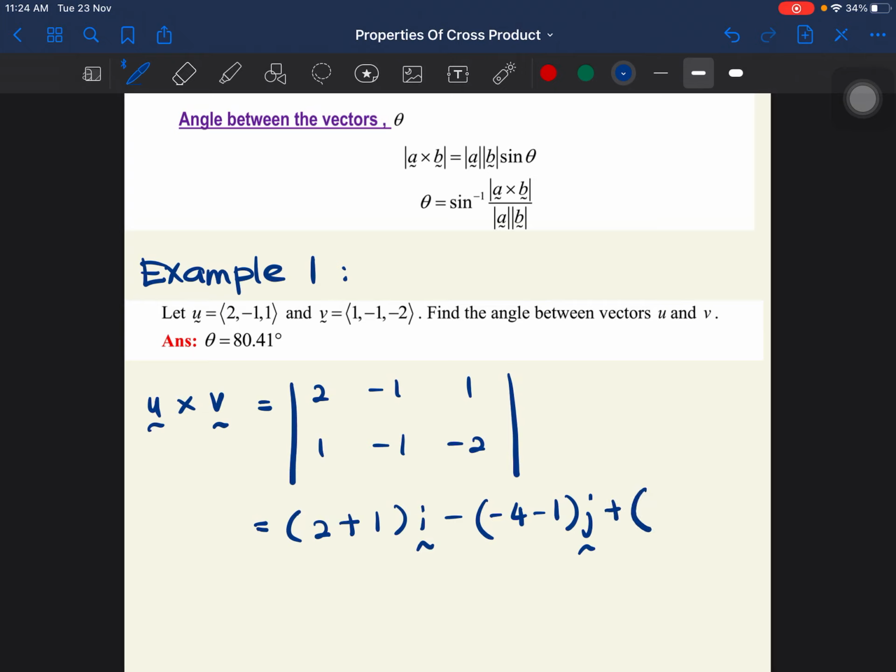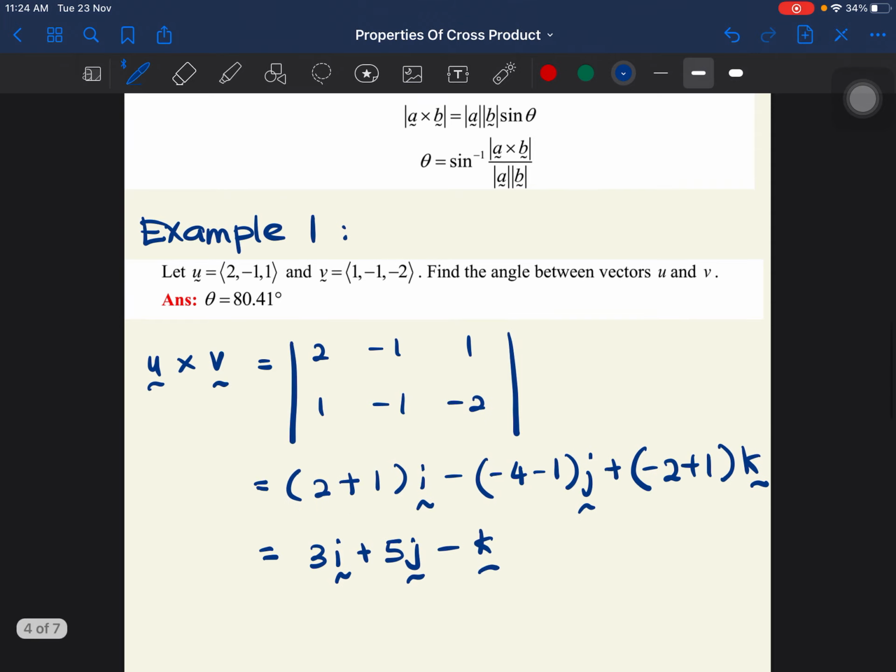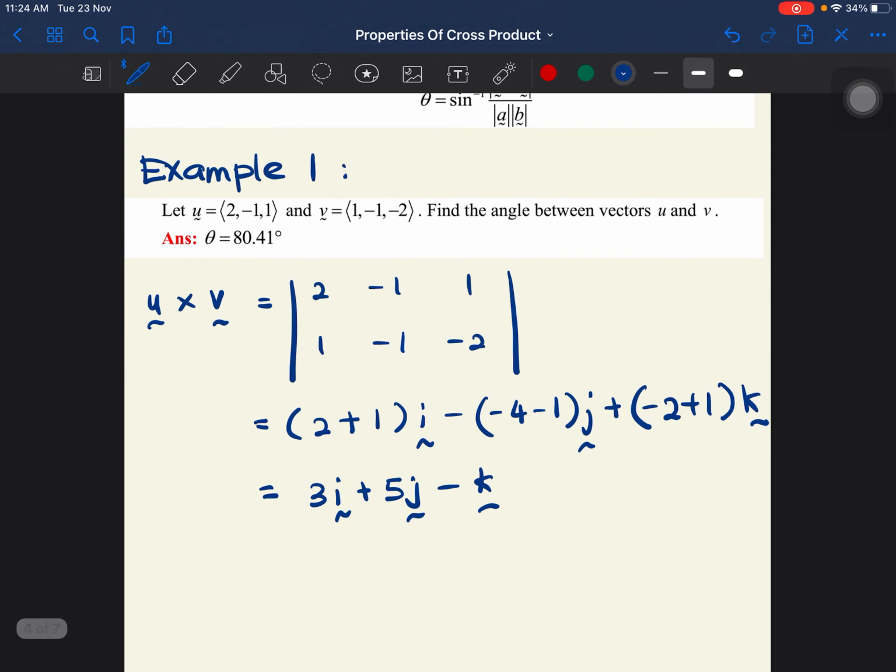And the last one, plus, we delete the third column, so you will have negative 2 minus minus plus 1. So this is equal to 3i plus 5j minus k. You can write it in this form or you can write it in this form, 3, 5, negative 1.